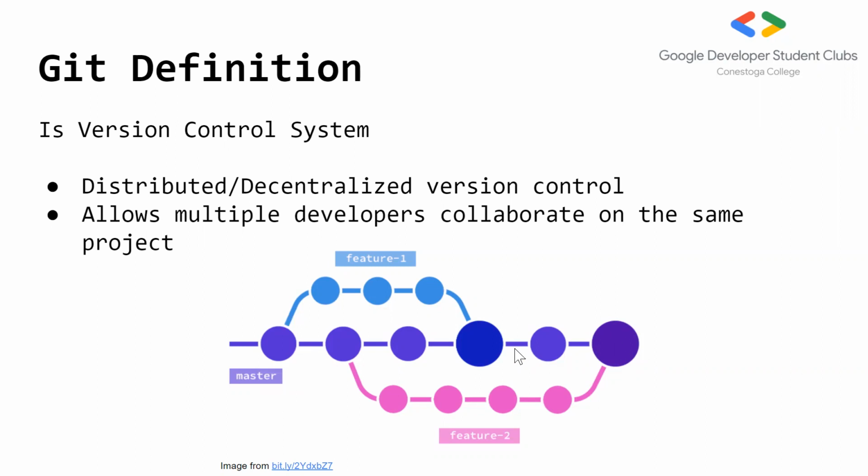So it's very easy to track. And again, you can revert back at any time. For instance, if you want to see how your project looked in the past, you can just revert back and see what it was before, right?